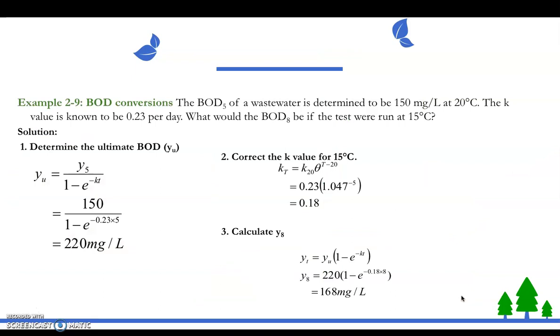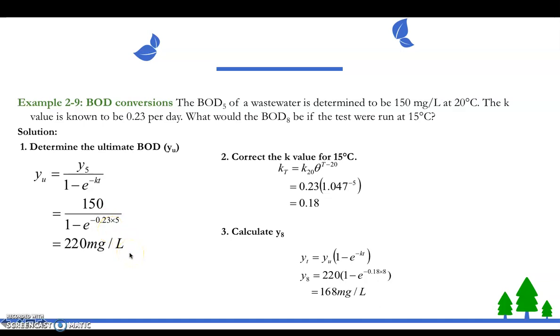Here is an example of how to calculate BOD. The question asks you to calculate BOD8, given BOD5. First, determine the ultimate BOD by applying the formula from the earlier slide. Here K is given as 0.23 per day, so you get 220 milligram per liter.